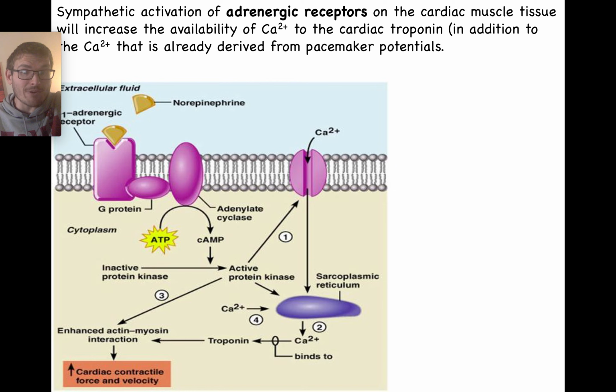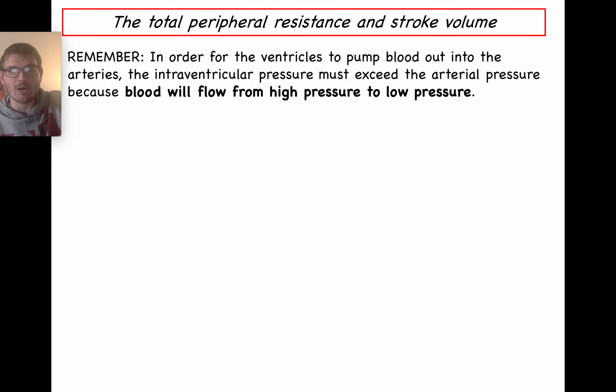Any epinephrine or norepinephrine coming from either the blood or from postganglionic sympathetic fibers will bind to these adrenergic receptors. There's a lot going on in this second messenger cascade that you see here. Don't worry too much about it. Basically, the idea is that we can get the sarcoplasmic reticulum to release an extra amount of calcium, meaning that we can get more sarcomeres engaged in a power stroke, so we can get a stronger muscle contraction to occur. That's all you really have to remember about that.